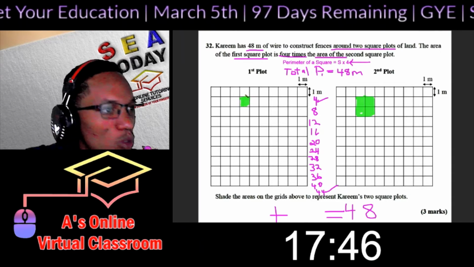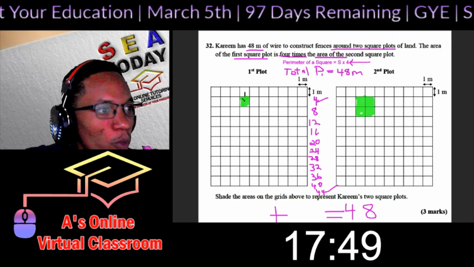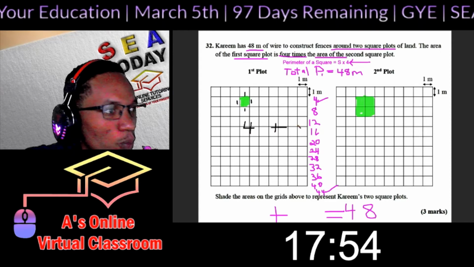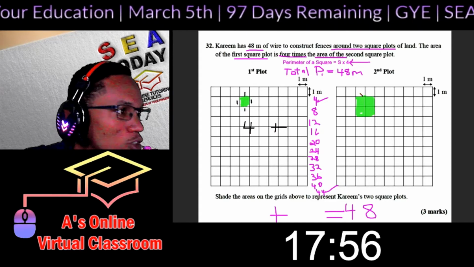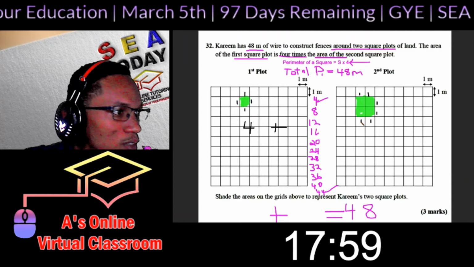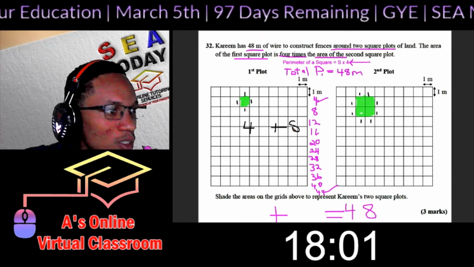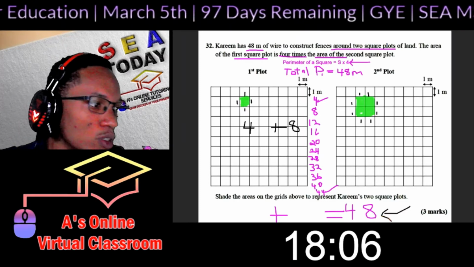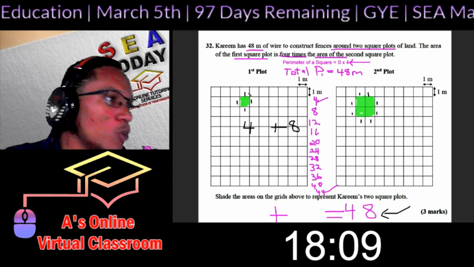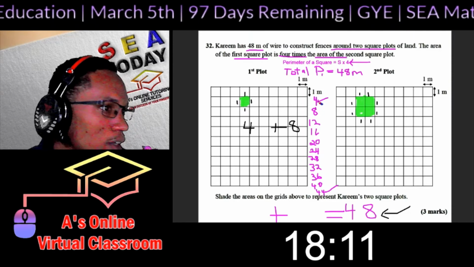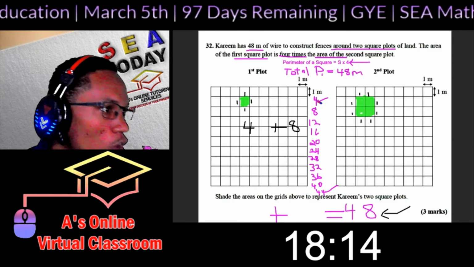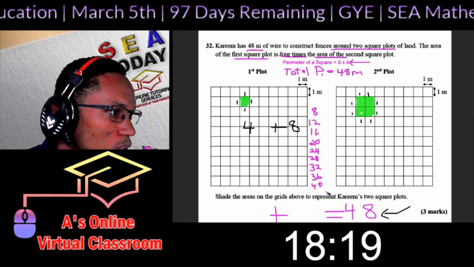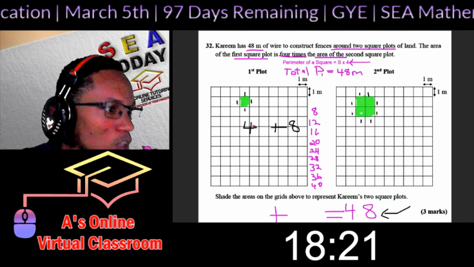But if this is only 1, then the perimeter of this will be 1, 2, 3, 4, plus the perimeter over on this side, which will be 1, 2, 3, 4, 5, 6, 7, 8. 4 plus 8 only gives us 12, which is very far from where we want to be. So the small numbers like 4 and 44 would not work. Those numbers will be too small.